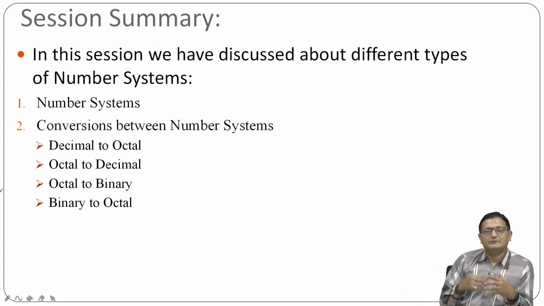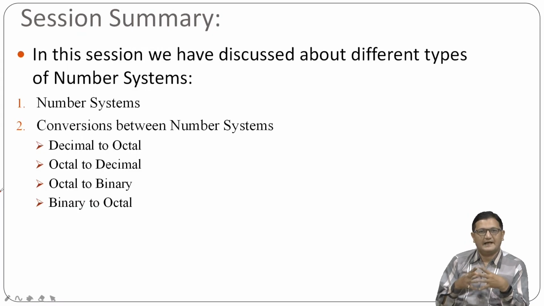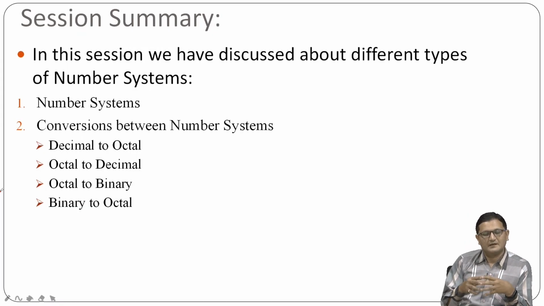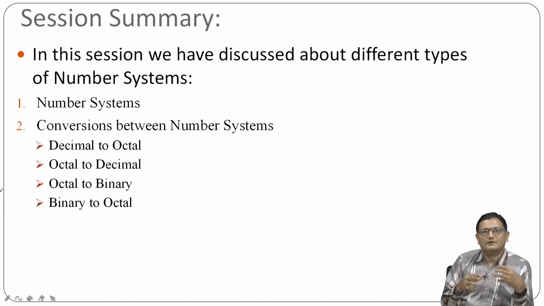Fine. There is one more numbering system, which is called the hexadecimal number system. We will discuss more on the hexadecimal number system and how it can be converted into decimal, binary or octal in the next video.